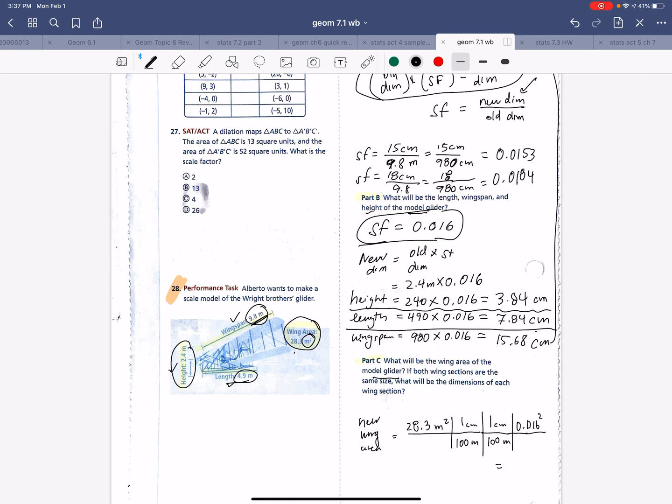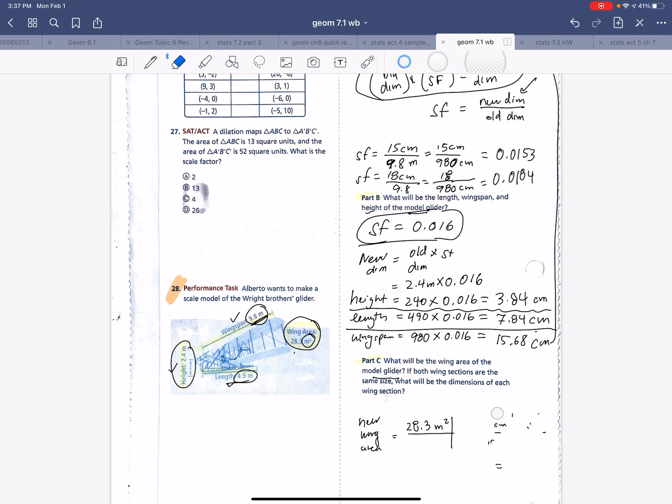All right, so let's see what we get here. 28.3 divided by 100, divided by another 100, and I'm going to multiply by 0.016 and multiply by another 0.016. I get a teeny, teeny, tiny number. Oh, what am I thinking?